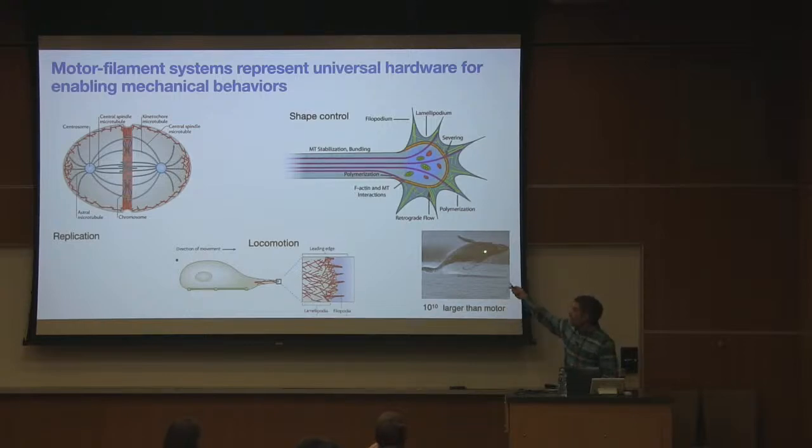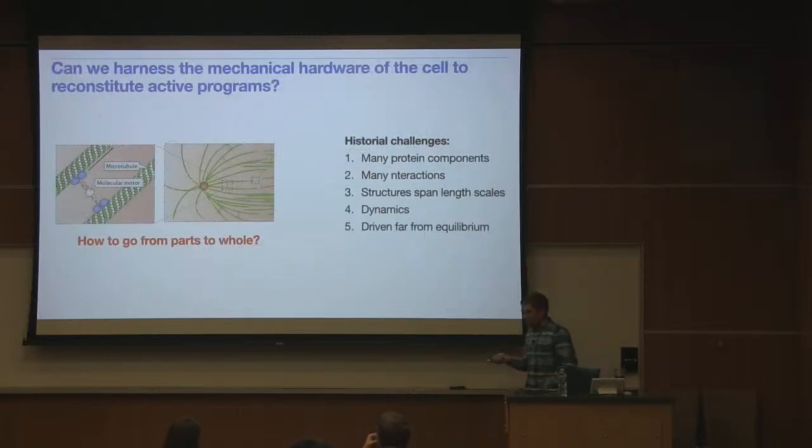And so the swimming of a blue whale is ultimately powered by ATP hydrolysis and motor proteins that are 10 orders of magnitude smaller than the whale. So all of these active behaviors are powered by the same machine. And so we are interested in taking advantage of this hardware to program behaviors like cells achieve in vitro and also to build synthetic cells.